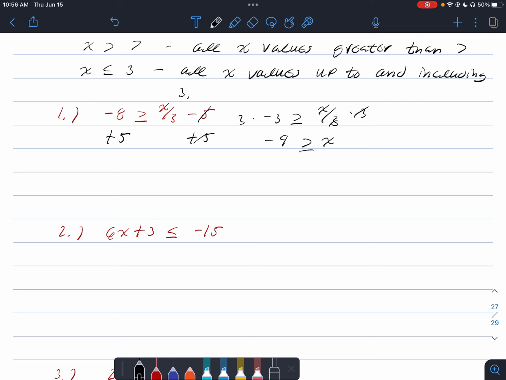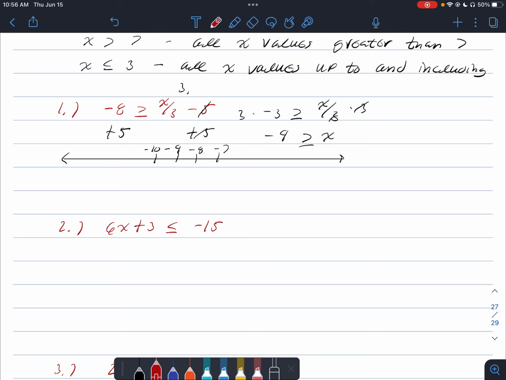We'll do some of this later, but if you were to think of this on a number line, with -7, -8, -9, -10, we would graph this by drawing a closed dot at -9.